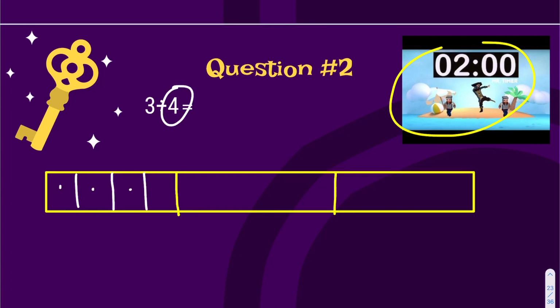So now I have 1, 2, 3, 4 in one of them. So now I have another set of fourths. And then lastly, we're going to do it to the last one as well. Okay, so now go ahead and find out and continue the equation. Let's see what you guys can come up with, and go ahead and get started.